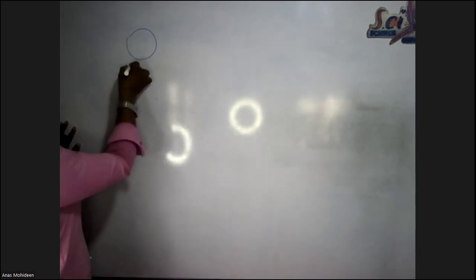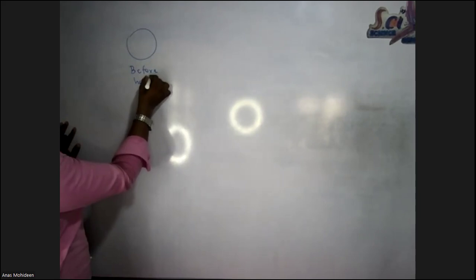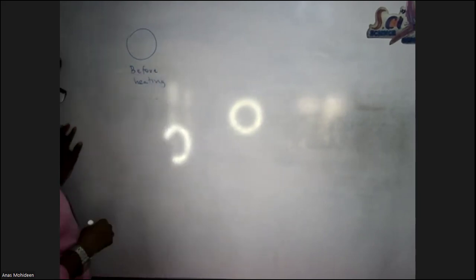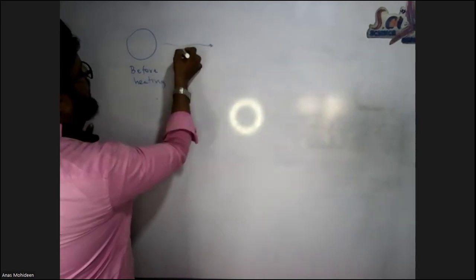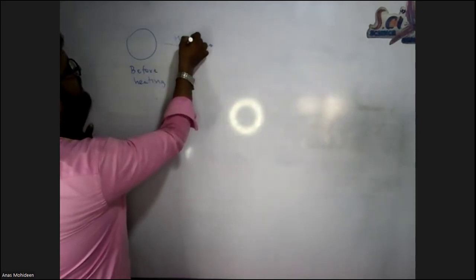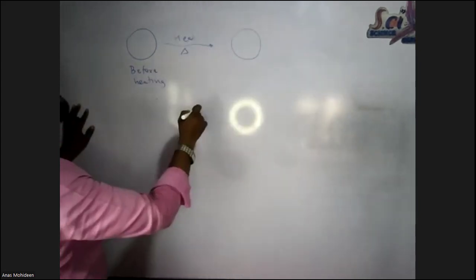So let's say one example, this is the object. This was the object size initially, before you provide the heat. You are going to heat. Now after heating, what happened? This was the object size, right?